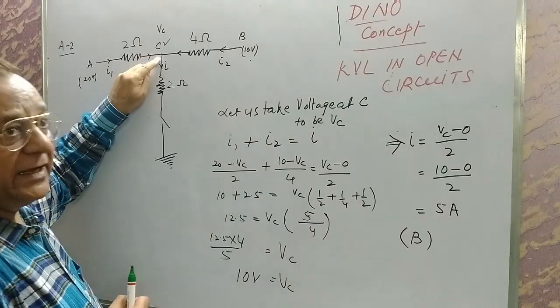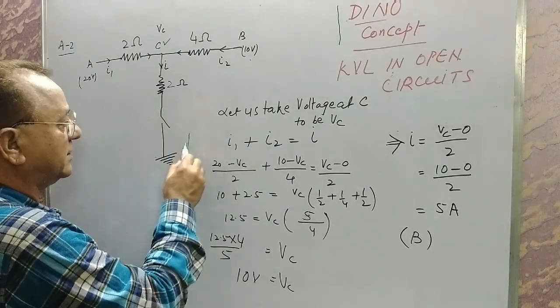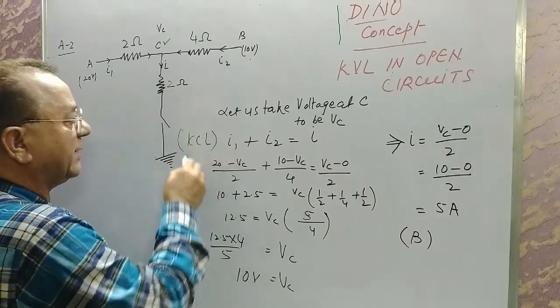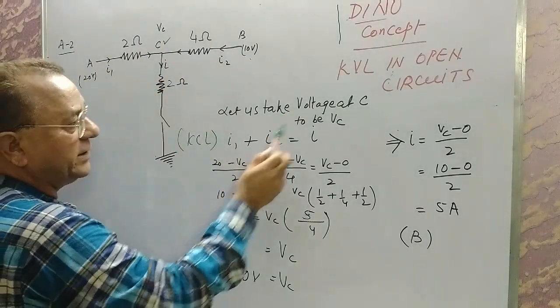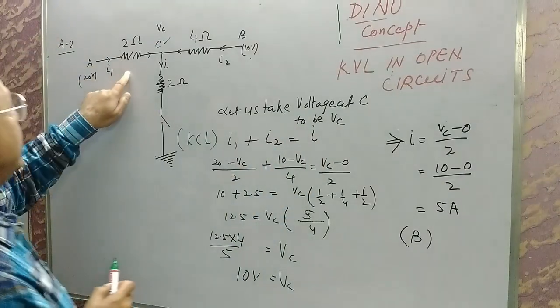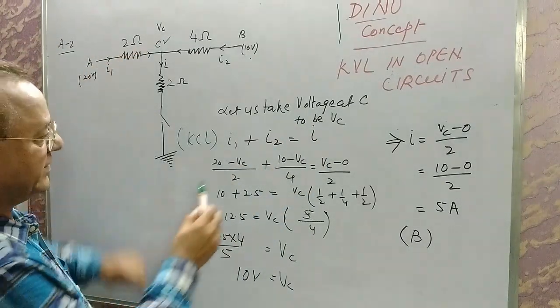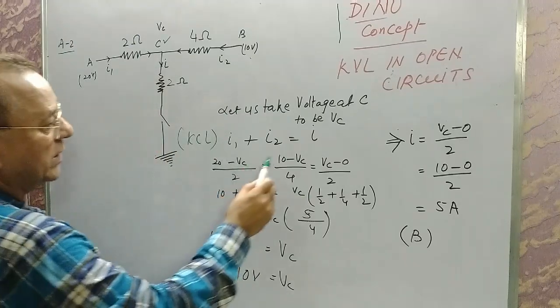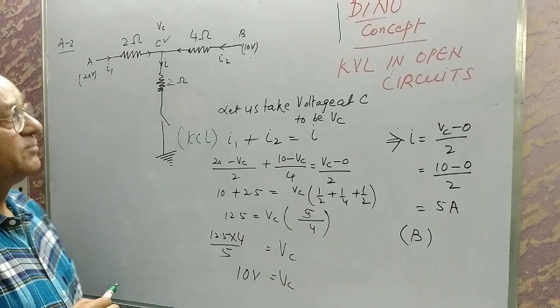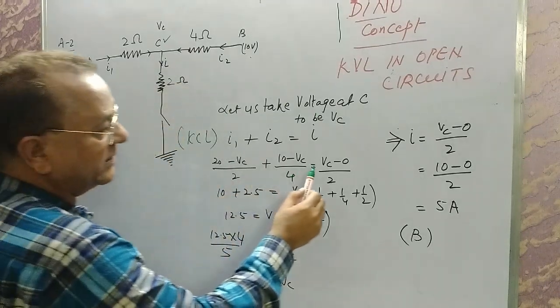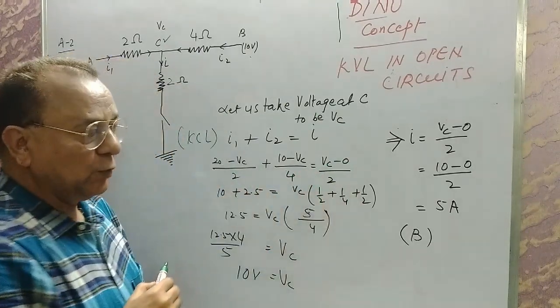Now at point C, if I apply KCL, I1 plus I2, the incoming currents, is equal to I. What is I1? 20 volt minus VC divided by 2. What is I2? 10 volt minus VC divided by 4. What is I? I is VC minus 0 divided by 2.